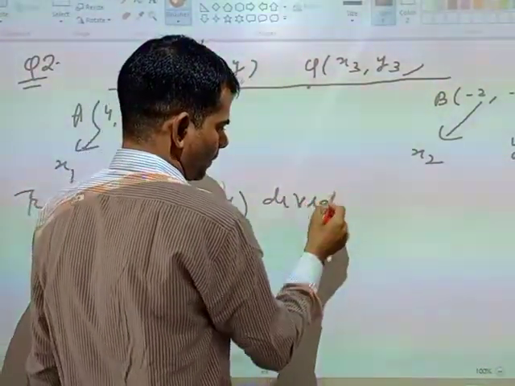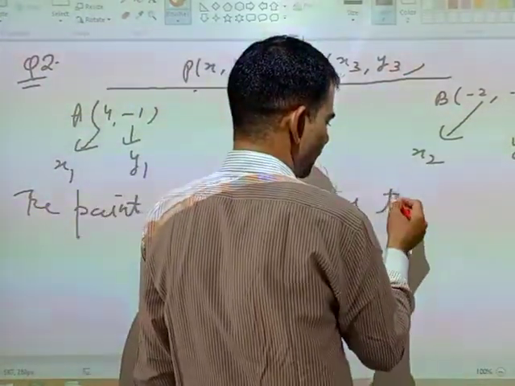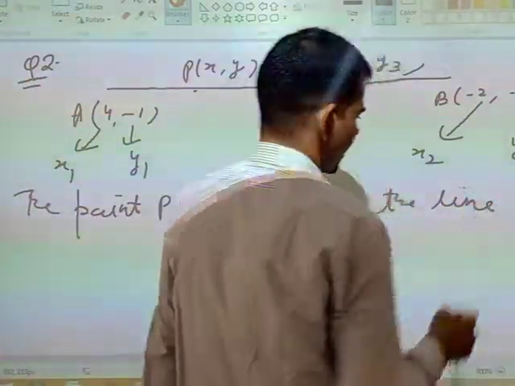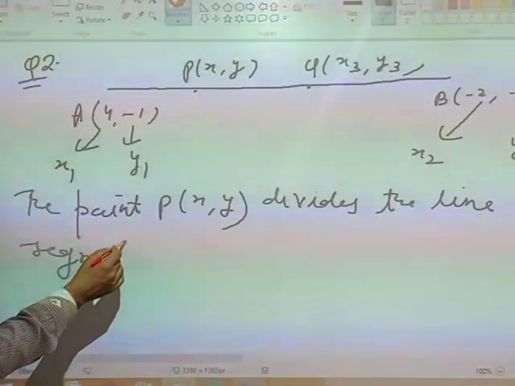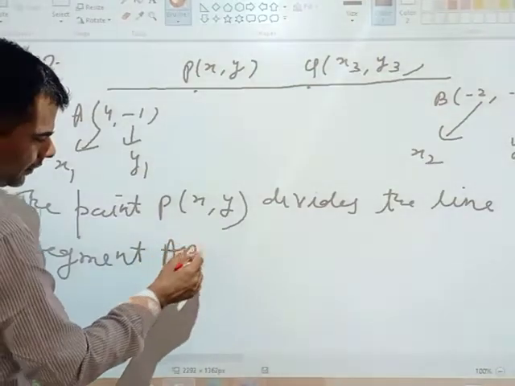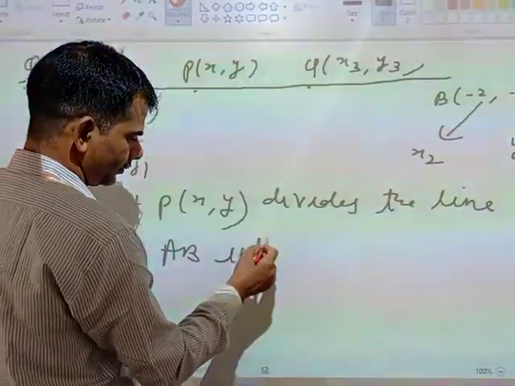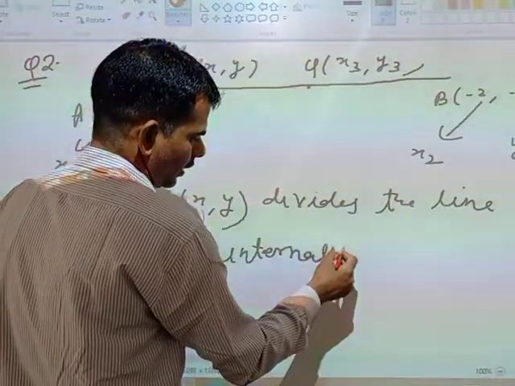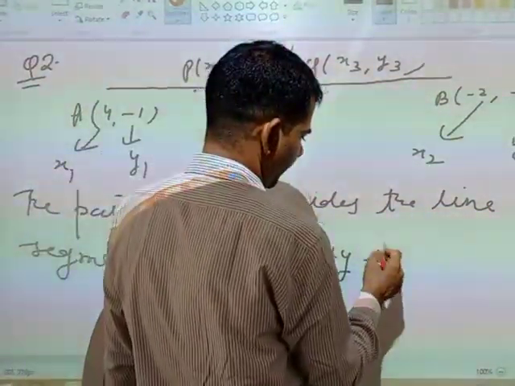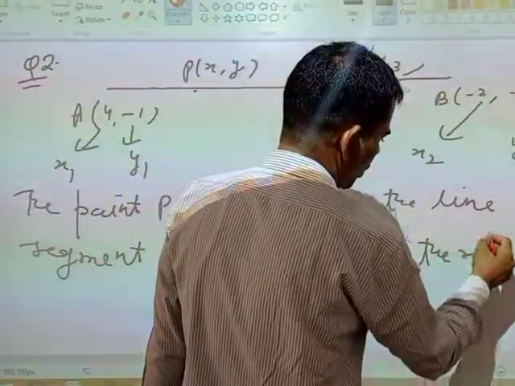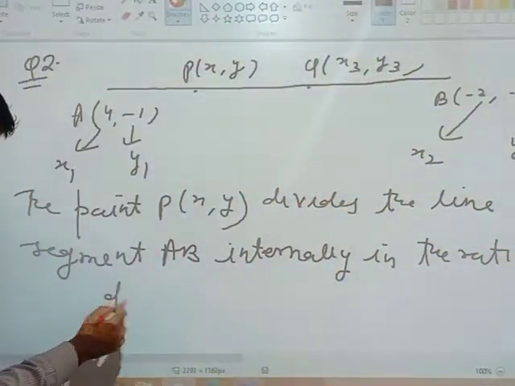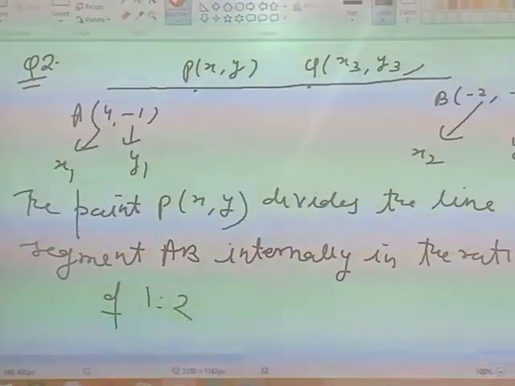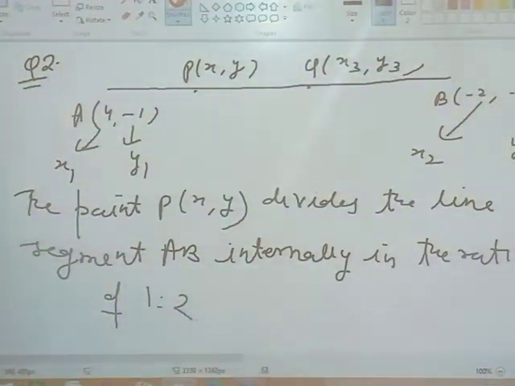divides the line segment AB internally in the ratio of 1:2.